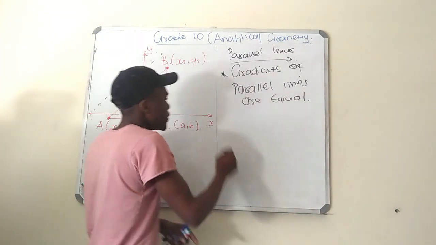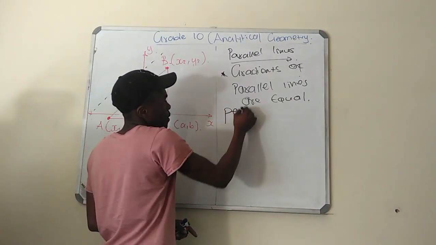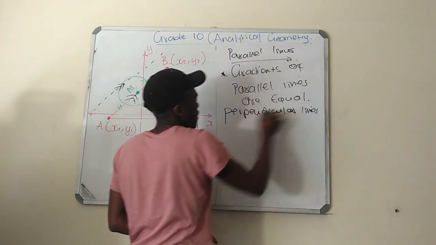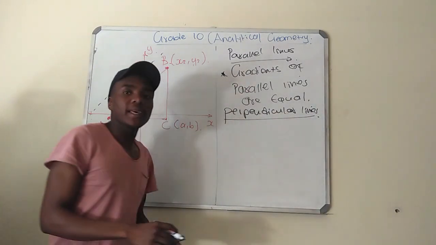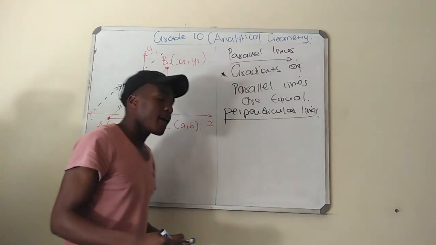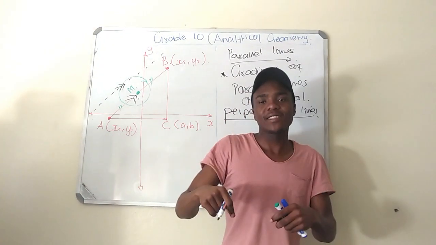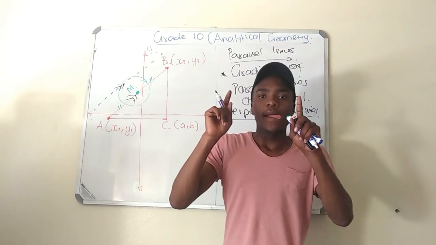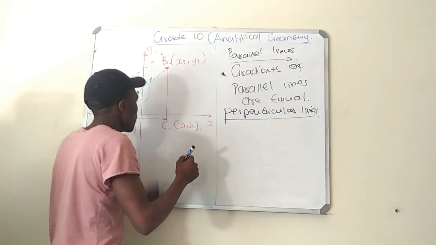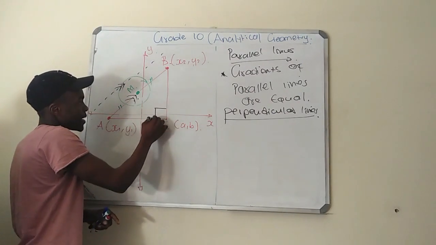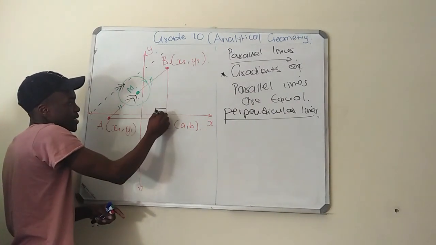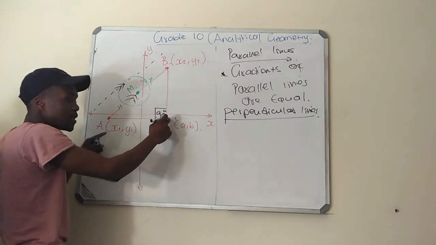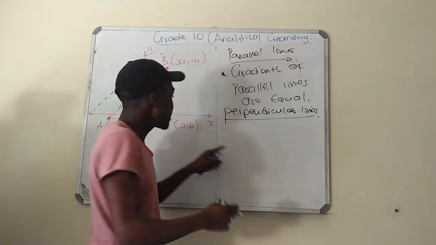Then let me go to perpendicular lines. When you get to perpendicular lines, the product of the gradients of perpendicular lines is equal to -1. So if in my diagram BC is at 90 degrees, BC is perpendicular to AC.